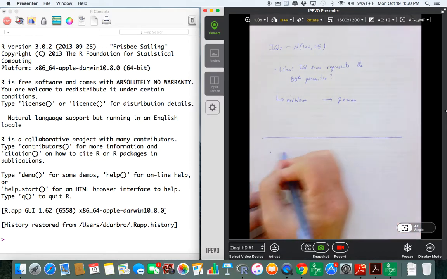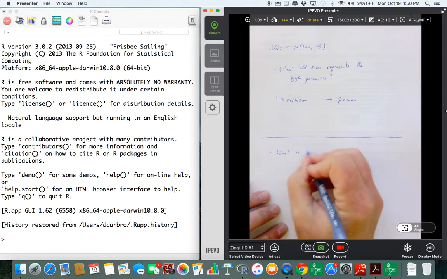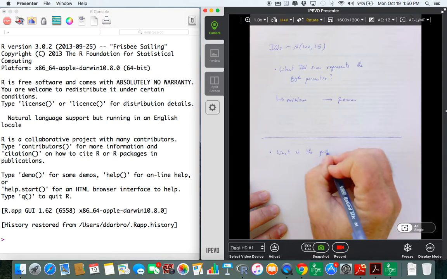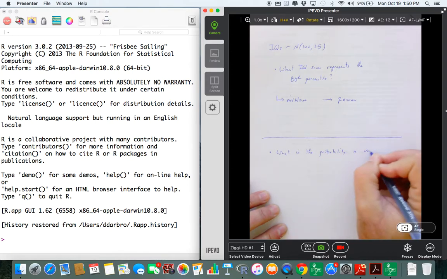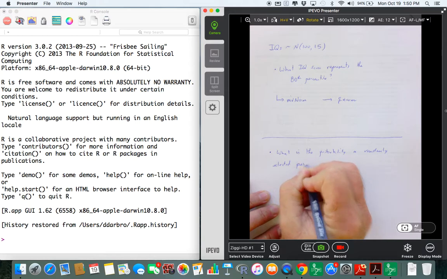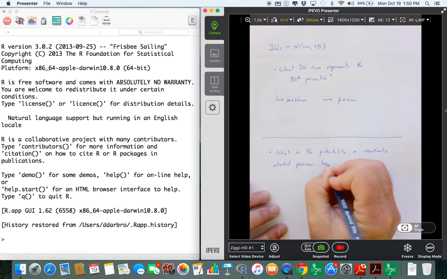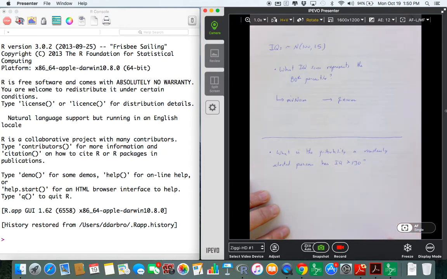Now, what if we say, what is the probability a randomly selected person has IQ greater than 130? I'm asked to find a probability here.